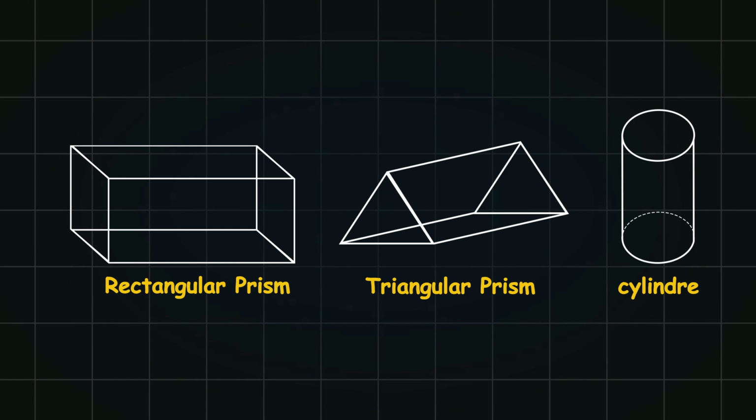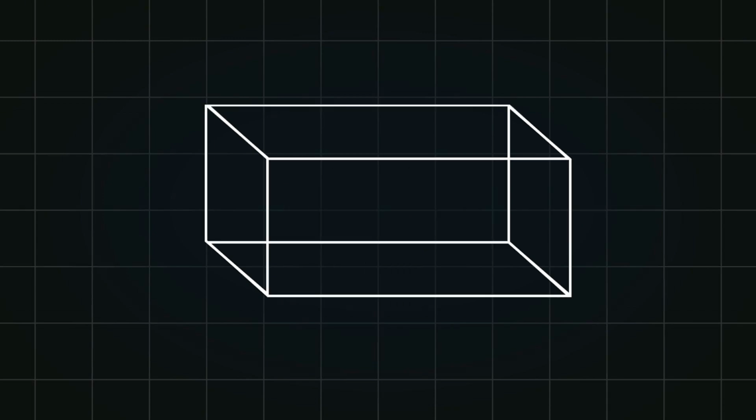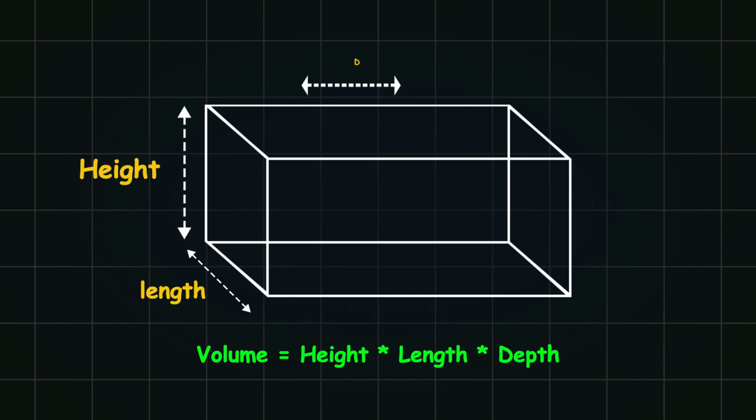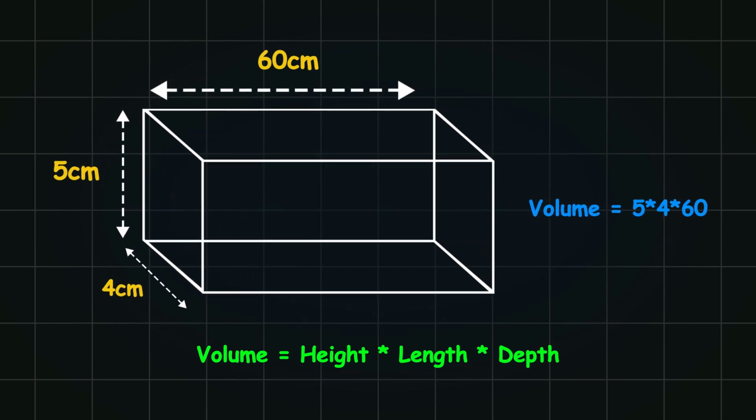So what I'm trying to say is that all of these have the same way of calculating it. How do you calculate a prism? Well, we're going to want to do height times length times depth. So let's say this was 5, this was 4, and this was 60. 5 times 4 times 60, and that will give us our answer.